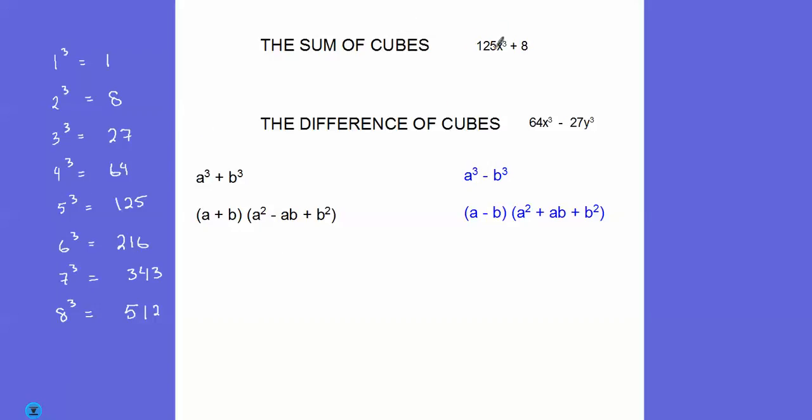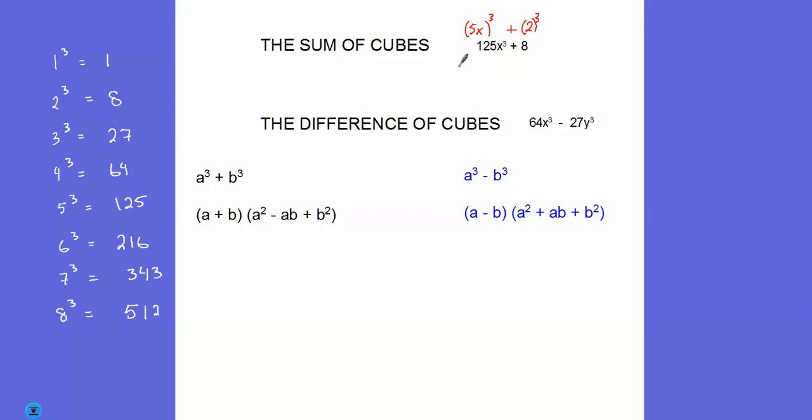So this can be written here as 5x cubed added to, and I see that 8 is going to be 2 cubed. So I think that this red writing demonstrates that it actually is the sum of 2 cubes.